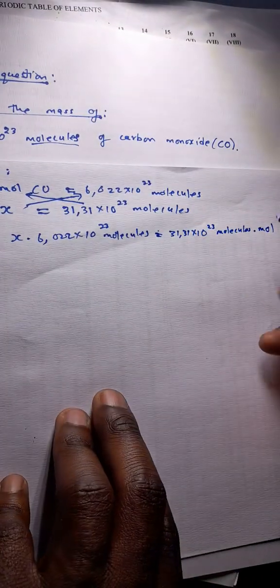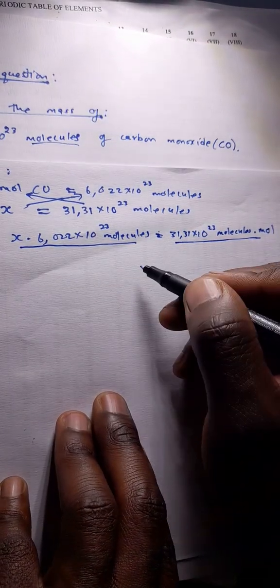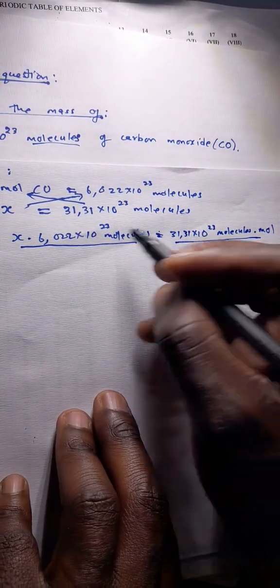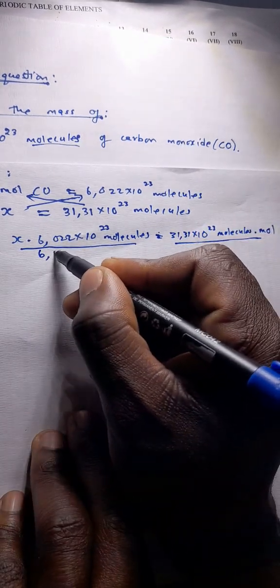But remember, this is not really serious. I don't want you to put so much into your calculations. You can just work with numbers. You know that you are looking for moles, so we are solving for x.